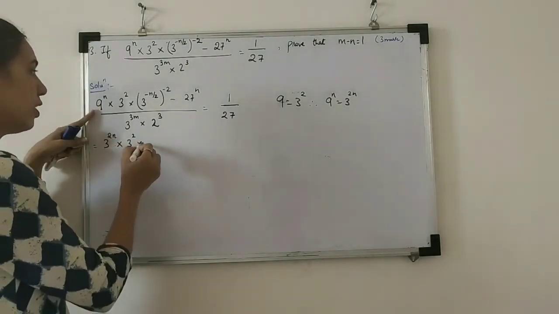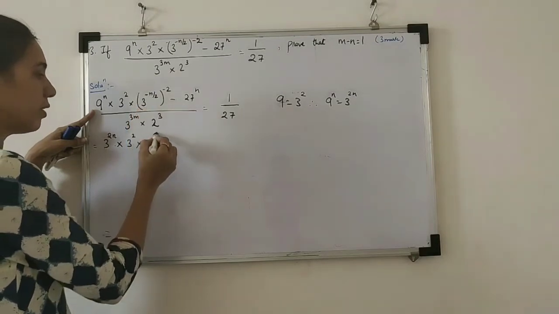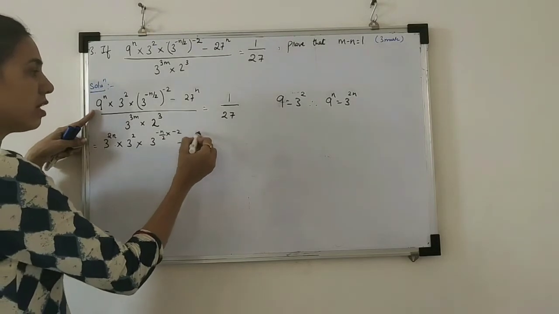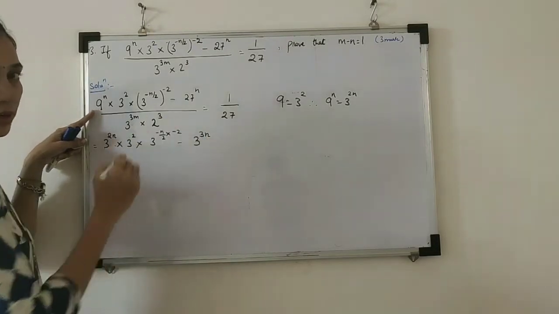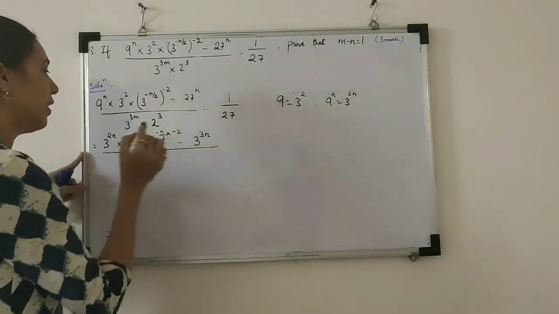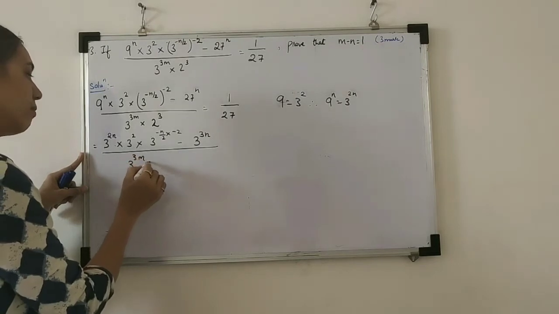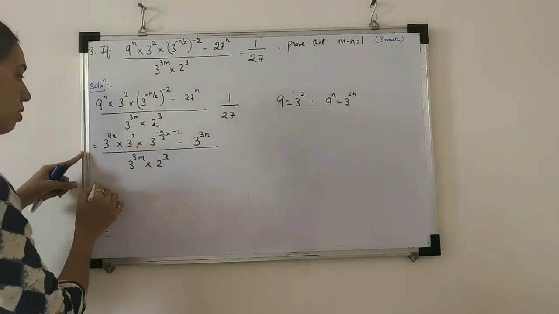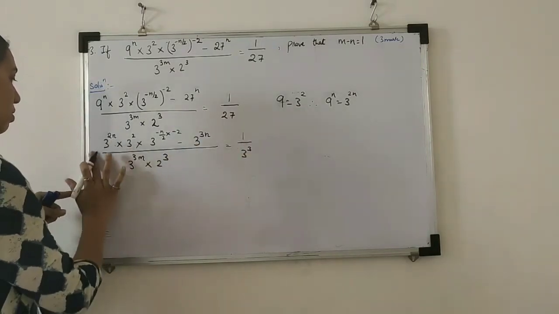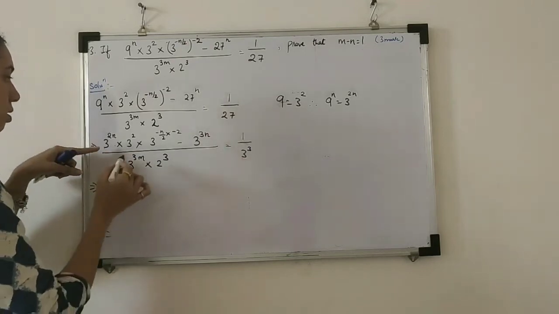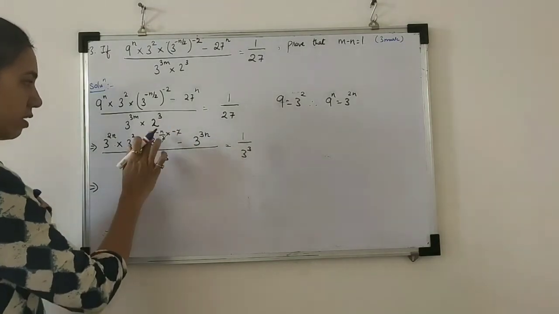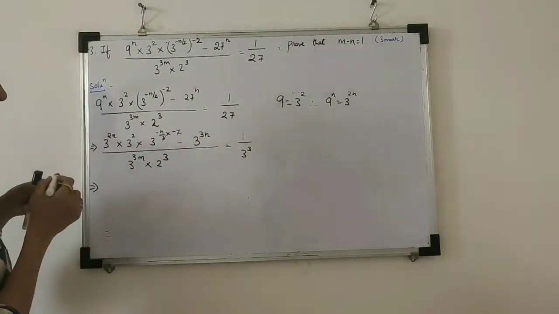This is 3 square into 3 to the power minus n by 2, whole to the power minus 2, minus 3 cube to the power n. So the same logic is used here. Divided by 3 to the power 3m into 2 cube. Now here, this 2 and this 2 will be cancelled. Minus n into minus 1 will give you plus n.